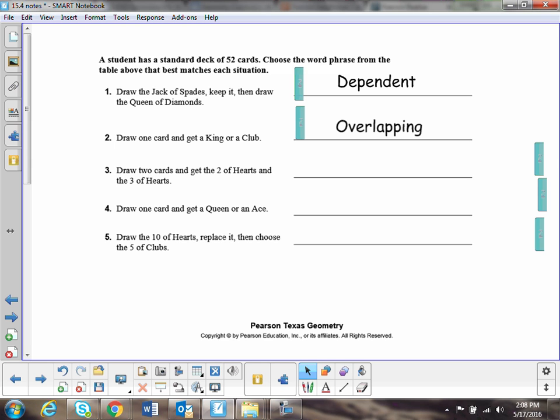The third one, you draw 2 cards and you get the 2 of hearts and the 3 of hearts. You draw 2 cards, you get the 2 of hearts and the 3 of hearts. Anybody guess? Anybody? Compound event, or inclusive.